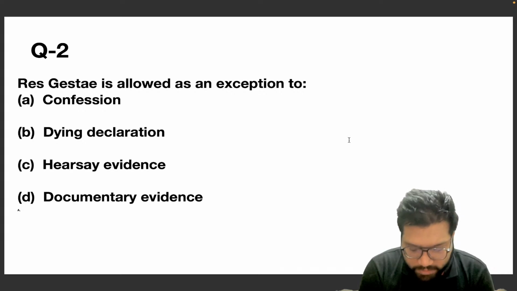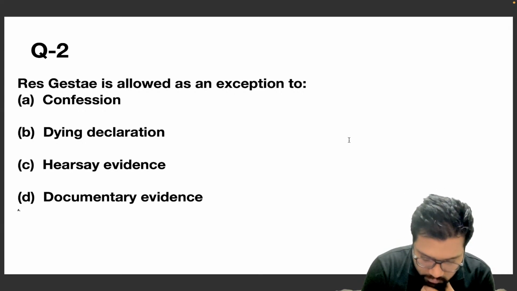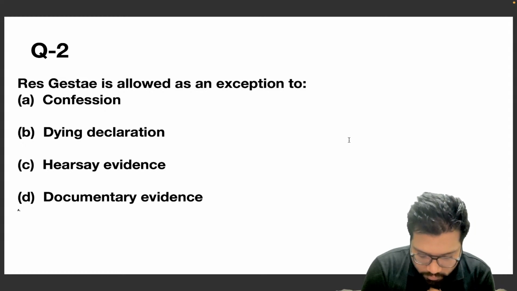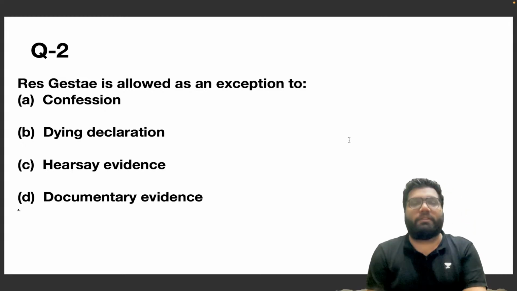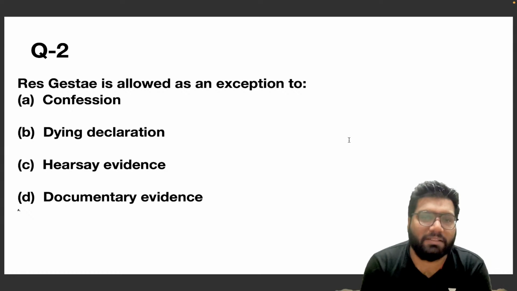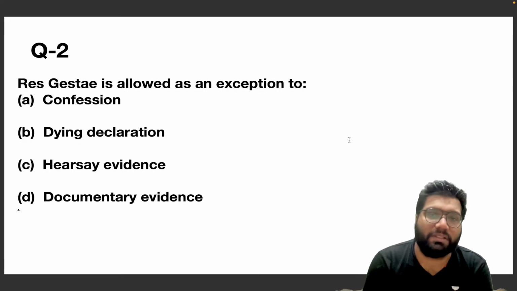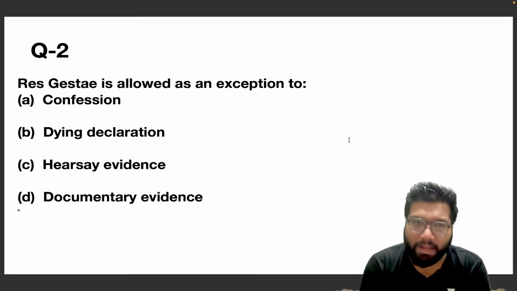Top 3 students to answer correctly: Satyam, Kirti, okay, Akhilesh and Amit. Please do correct your answer. So the question is indirectly, res geste is allowed as an exception to, which means hearsay evidence is no evidence. But when it comes to res geste, that will be treated as an evidence.